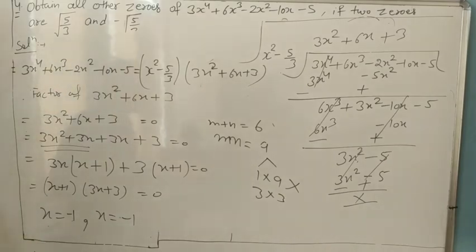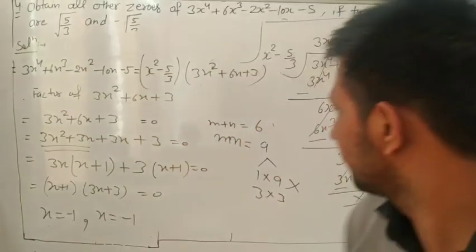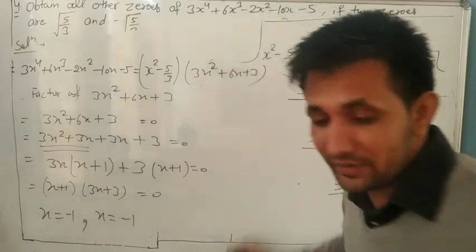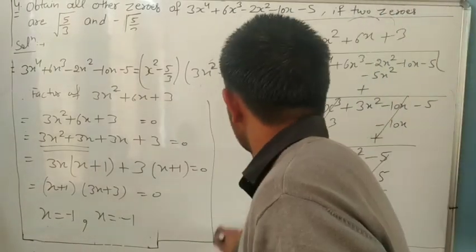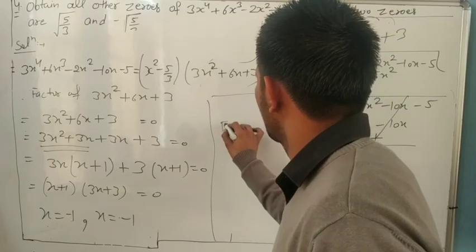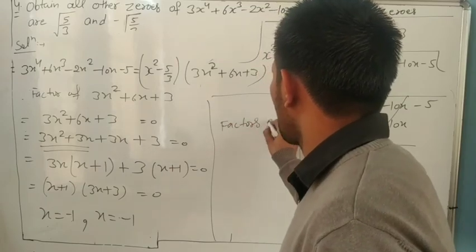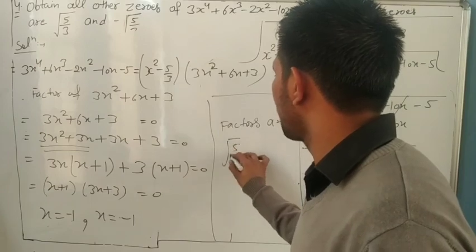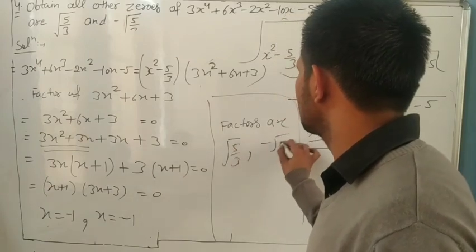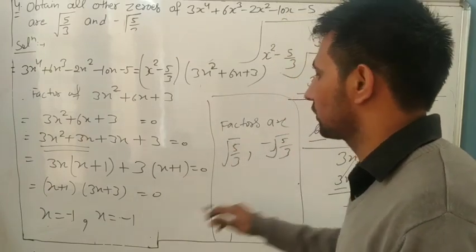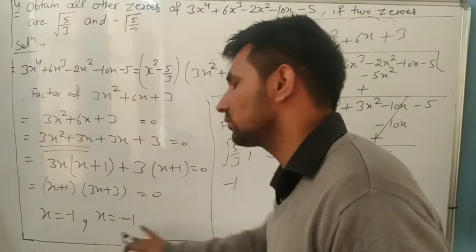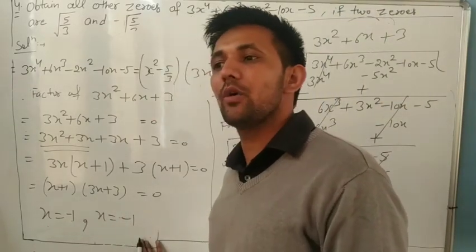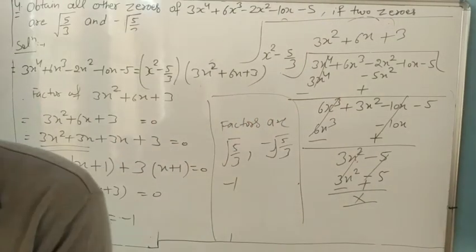Okay. So what are the other zeros? So 2 factors are already given. So you will write the zeros are, which ones? In starting already given, root 5 by 3, minus root 5 by 3, and the other 2 zeros minus 1. Both come the same. Okay. So it is your answer.